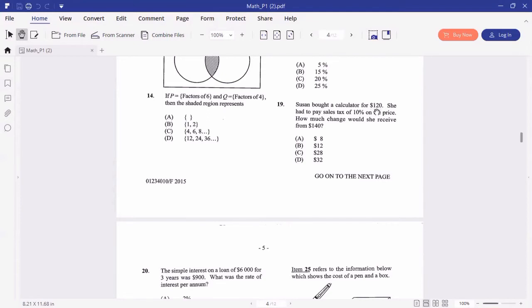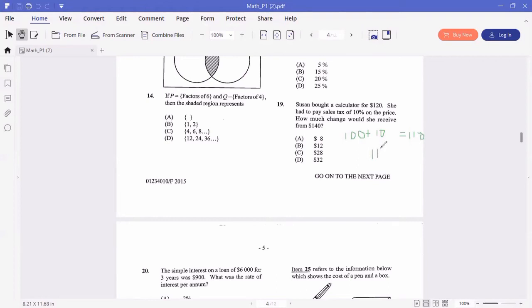Now, 120 is the 100% value of the calculator, but in addition to the 100% value, she has to pay an extra 10% in tax of the price that the calculator is for. So she ended up paying 110% for the calculator.